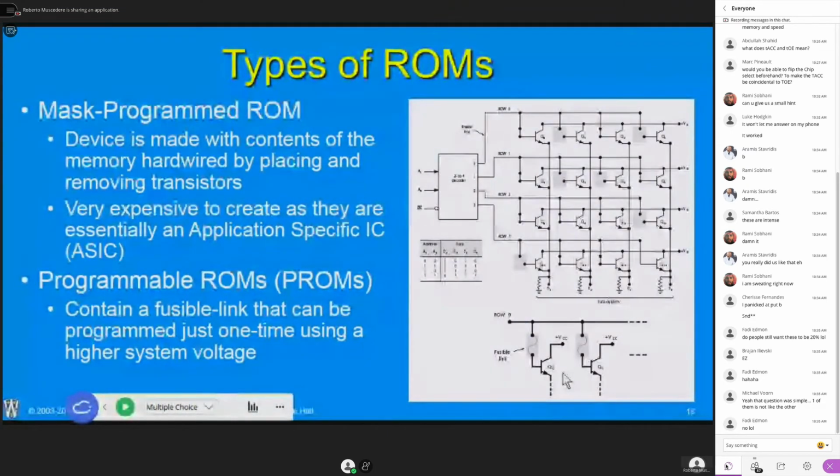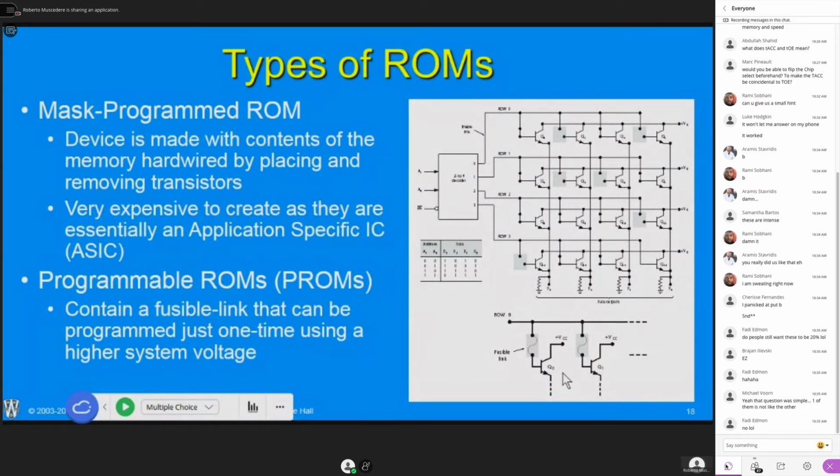Okay, so we actually still do this in modern day circuits, where we put in these fuses. They're intentionally blown so that you can't access that point of the circuit. A lot of devices do this today. We even do it in DRAM. As I mentioned before, DRAM has extra memory to compensate for bad bits.